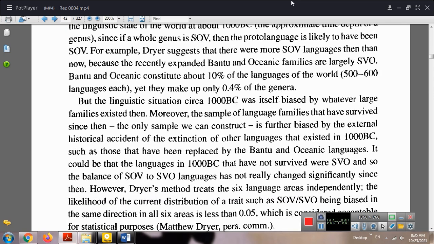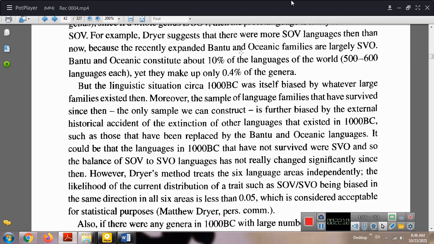For example, Dryer suggests that there were more SOV languages than now because the recently expanded Bantu and Ashanti families are largely SVO.